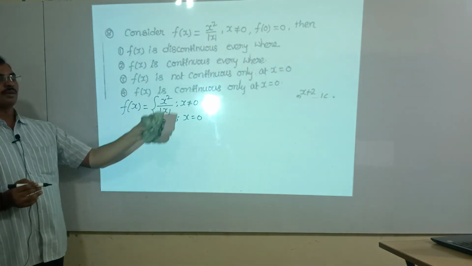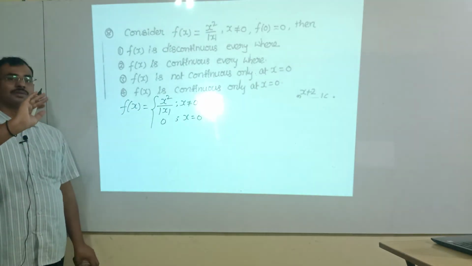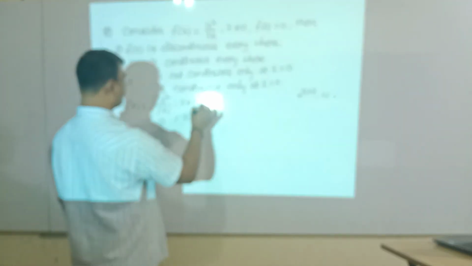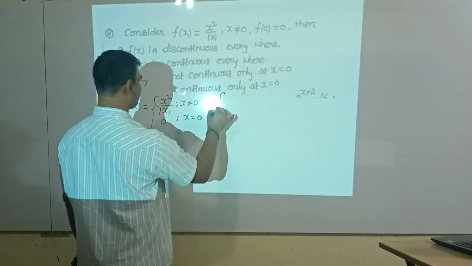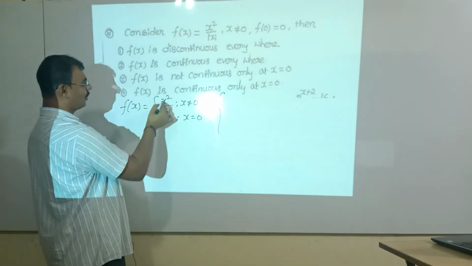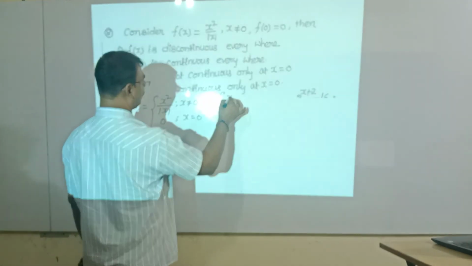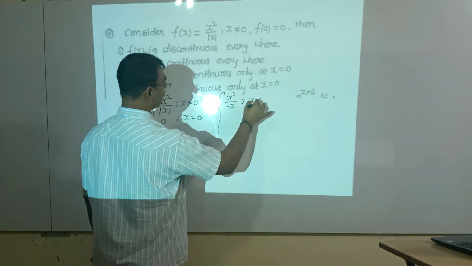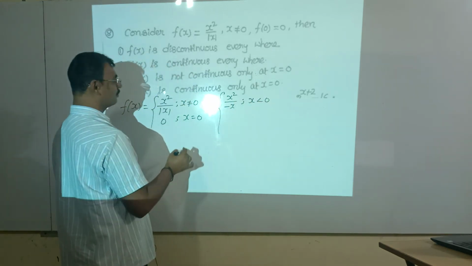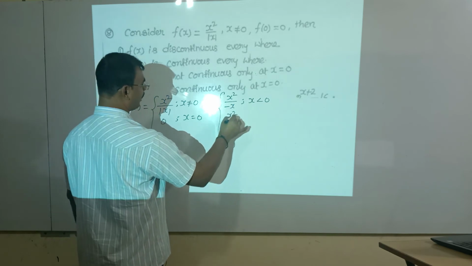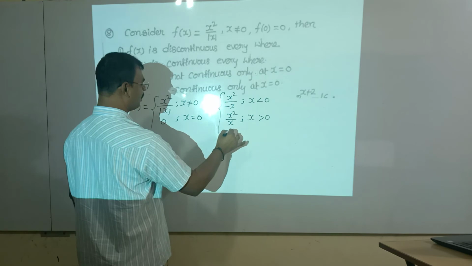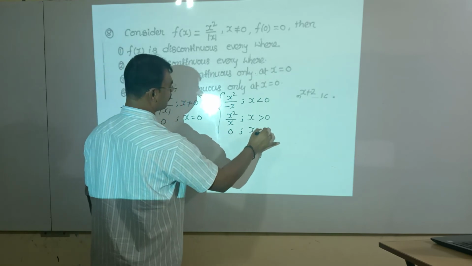However, whenever there is a mod function, we have to break into cases by using mod x function definition. This is also equal to x square divided by minus x if x is smaller than 0, x square by x if x is more than 0, 0 when x is 0.